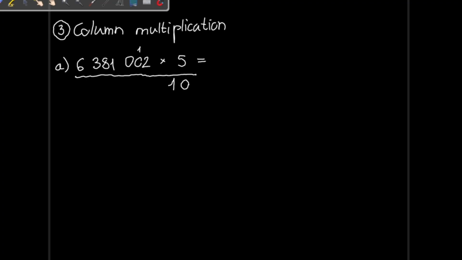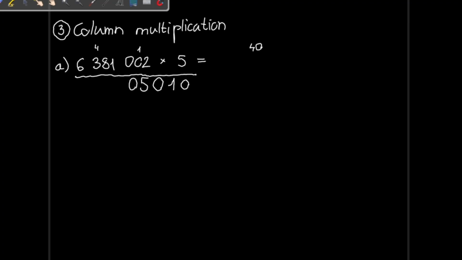Okay, 5 times 0 is 0. Then we have 5 times 1, which is 5. 5 times 8, which is 40. So that's 40. But we can only write one digit here, remember? So we need to write 0 here. And 4 goes right here, above the next digit.